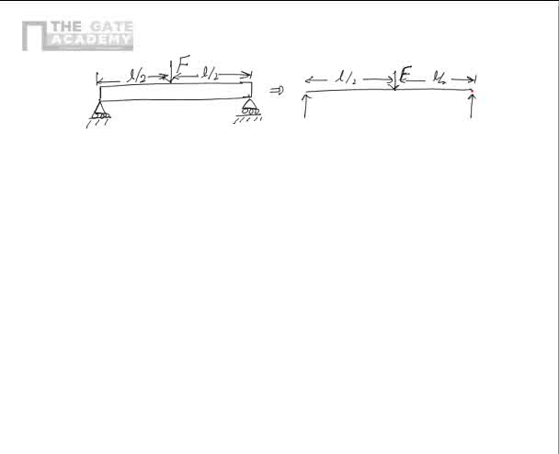Now please see that these reactions are caused by roller supports, so they can only be transverse, or in this case vertical reactions. Now in common methods of beam analysis, we always assume that the beam is lying along the x-axis, which means its length is along the x-axis, and the transverse reactions are always along the y-axis.